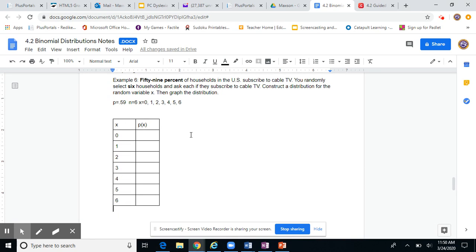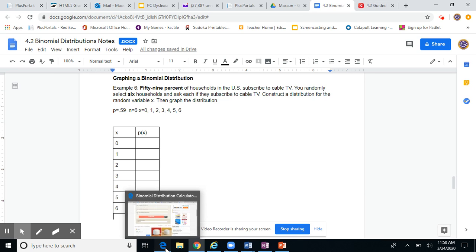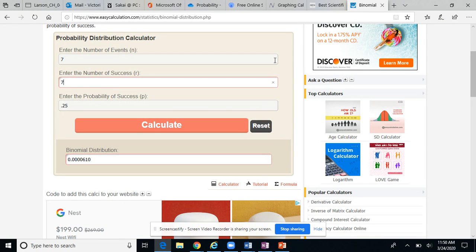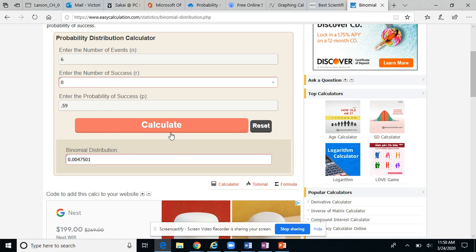I have to do exactly what I did in the last example first before I can graph. So now p is 0.59 and n is 6. So we need to change this. 6 down here, 0.59. And the first one we'll start with is 0.